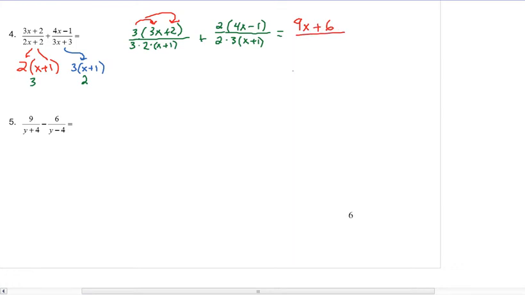On the bottom, just multiply the numbers together and still leave it in front of the parentheses. So 3 times 2 is 6, and that's times x plus 1. Now we'll have plus. On the top of the second part, it's 2 times 4, 2 times negative 1. So 2 times 4 is 8x, and 2 times negative 1 is minus 2. And that's over the same thing as the first fraction, 6 times x plus 1.